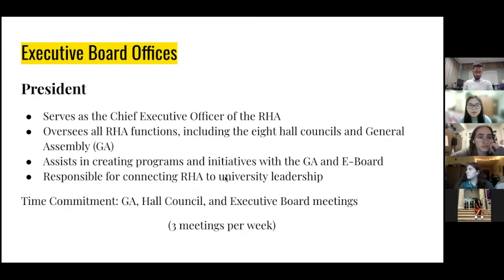As for the time commitment, I go to GA meetings every week and executive board meetings every week. You don't attend hall council meetings, but you do have one-on-one meetings with our advisor, who is currently Katie Foltz, and she works in HRL. That is the brief overview of the president position.